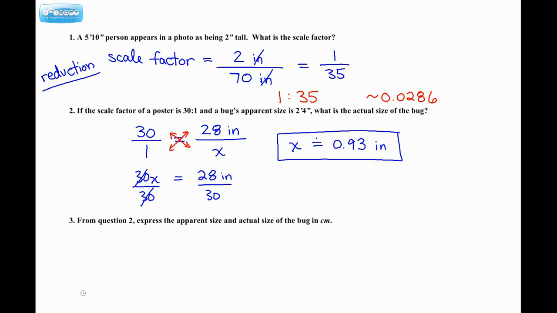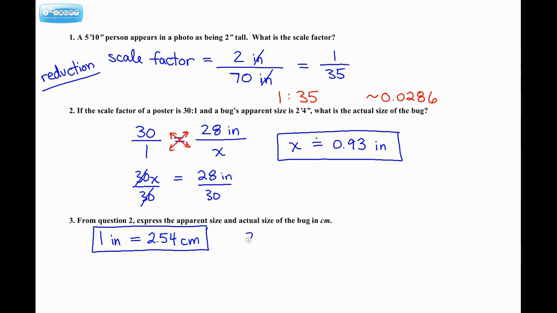Well, I guess I better give that to you. It happens to be that 1 inch, it's actually exact. This is not a decimal approximation. This is bang on. 1 inch is equal to 2.54 centimeters. That is a conversion that you're going to use quite often. So that's what we're going to apply to the apparent size.